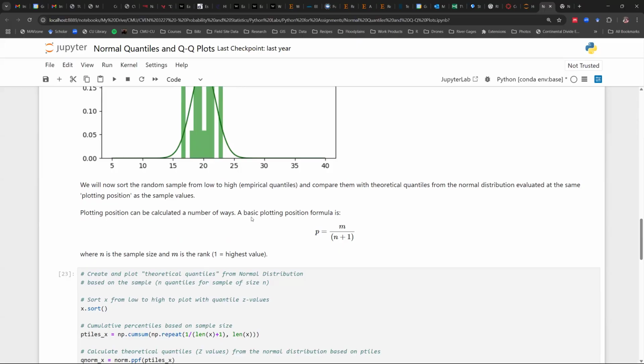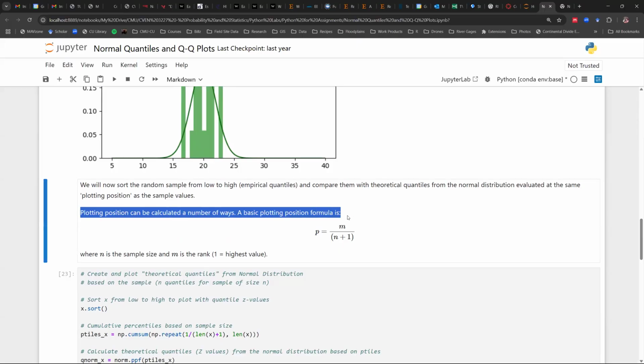All right, so step one is what's called the plotting position. And this is a really important formula. It's really basic, but it's really important. And what it does is it allows us to sort our data and calculate the probabilities of those values. So the way this formula works is that we have a sample size of n, and we're going to calculate the probability of seeing that position in a sorted data set where we sort from high to low, and then we assign it a probability based on a rank.